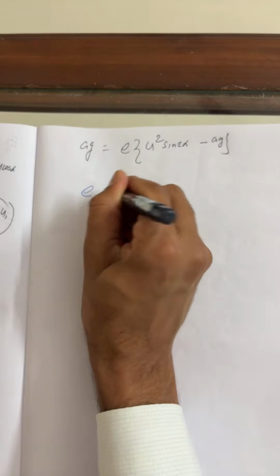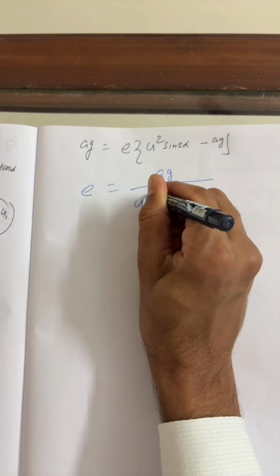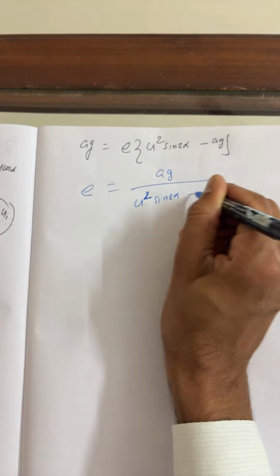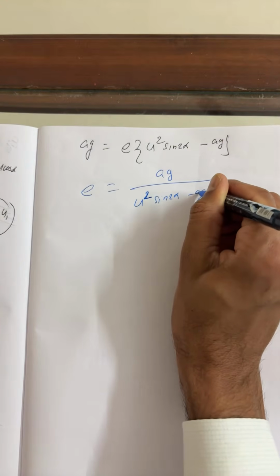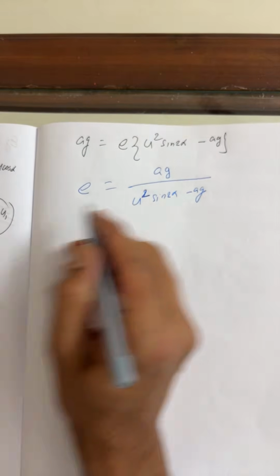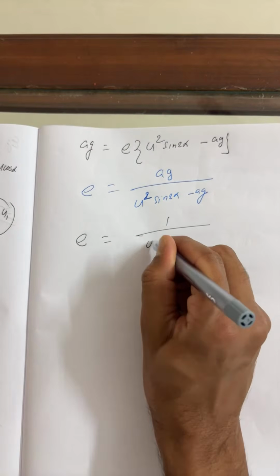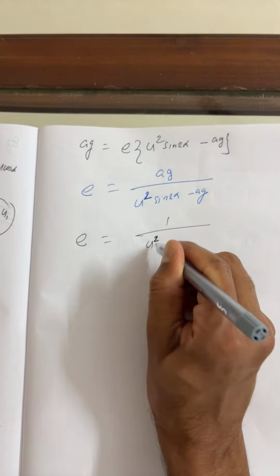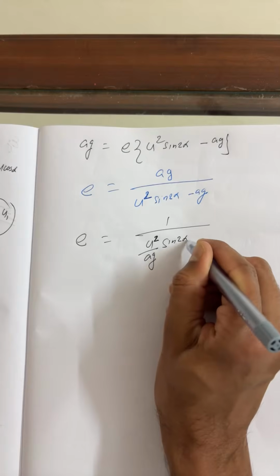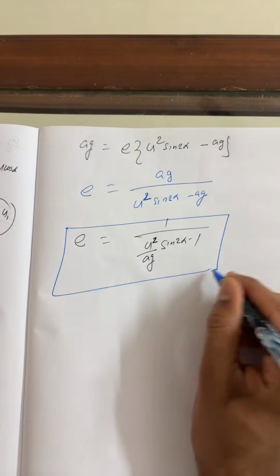So E, beta, finally you can write this is AG, U square sine 2 alpha minus AG here. Beta, you can take AG common from here. So this is 1 upon, beta, U square upon AG sine 2 alpha minus 1. So this is the answer for the question here.